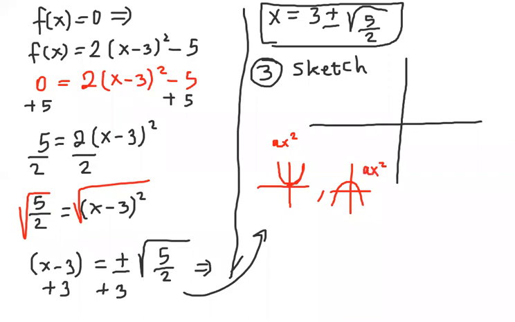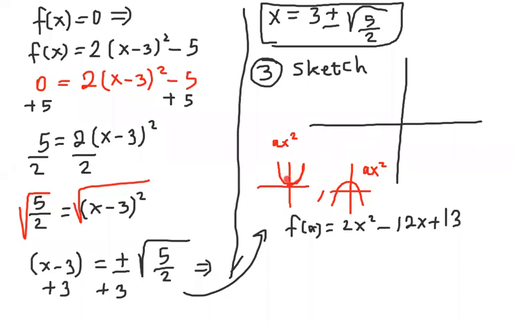So the graph for the function f of x equals 2x squared minus 12x plus 13 looks like a parabola, like this or like that.